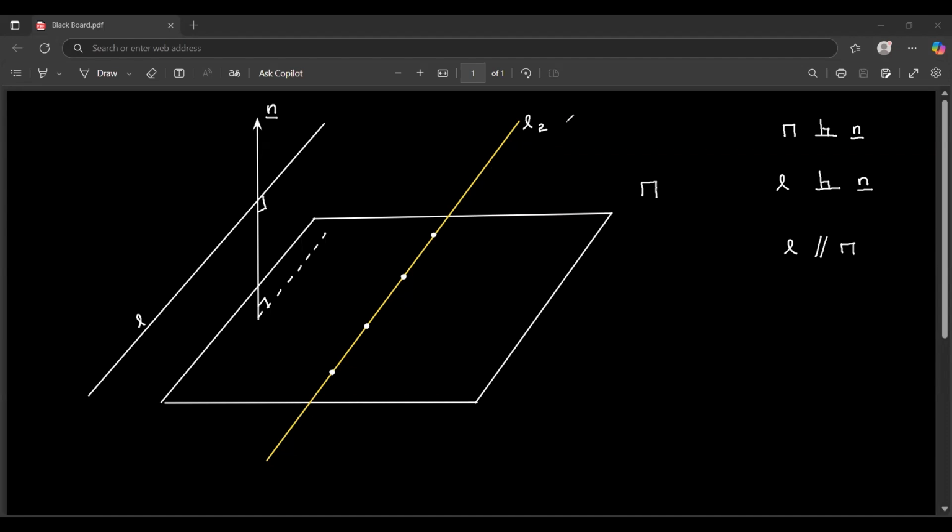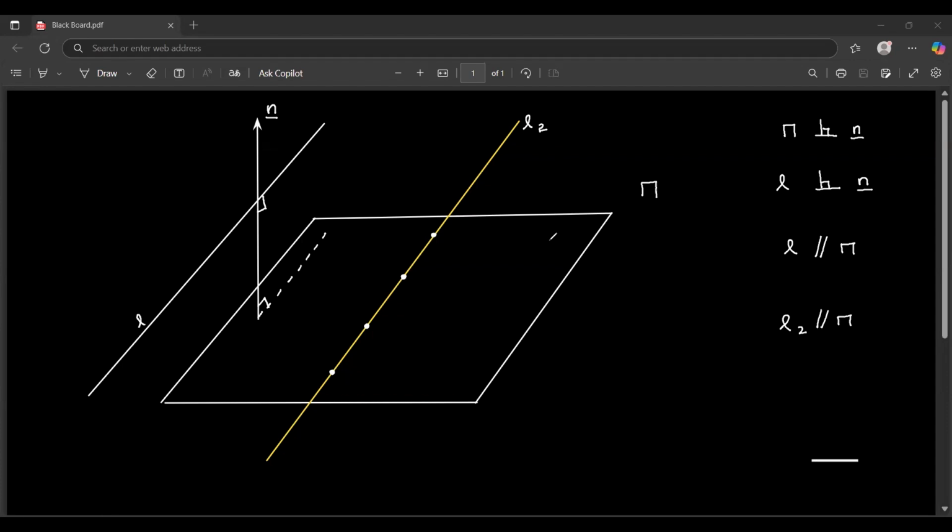If L2 is parallel to pi, and any point on L2 is also present in pi, we can say L2 is parallel to the given plane as well as it lies on the plane.